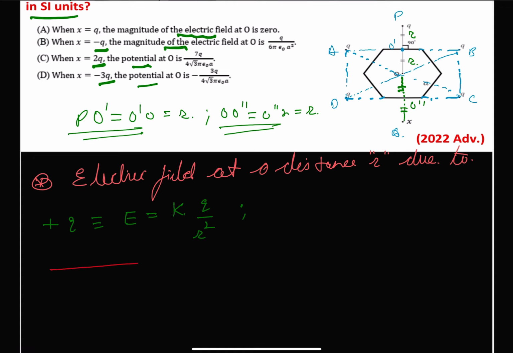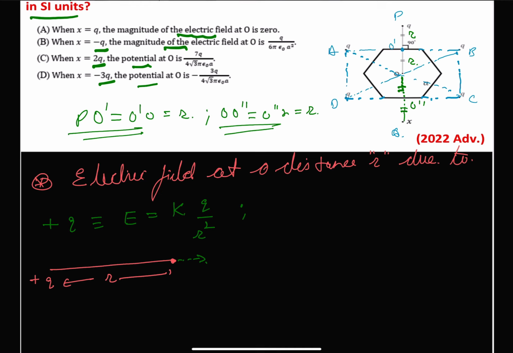This is a plus q, and this is a point, and the distance between them is r. So the electric field in case of the positive charge will be in this direction, that is away from the charge.